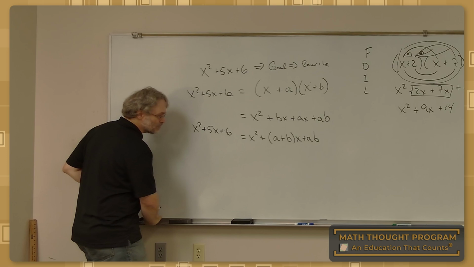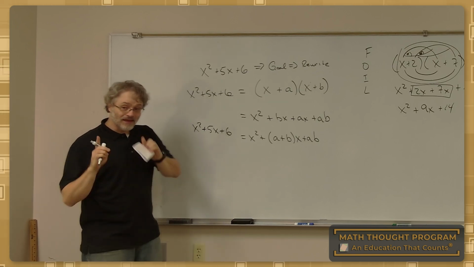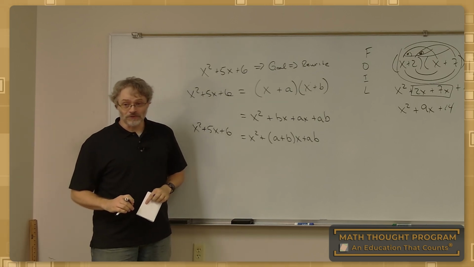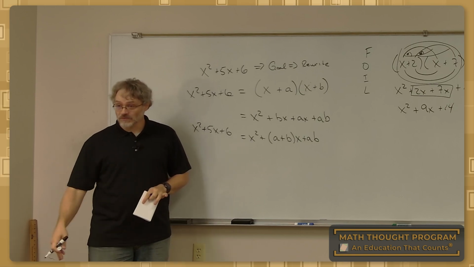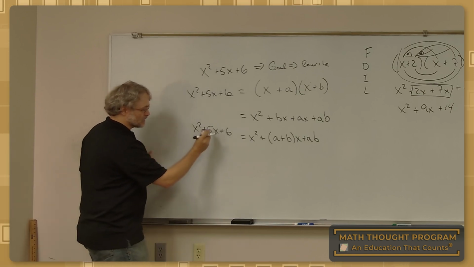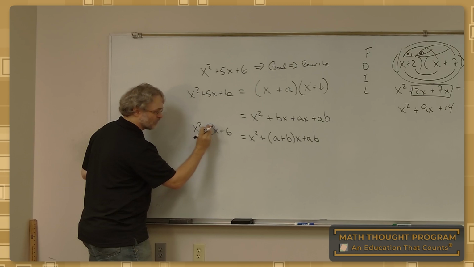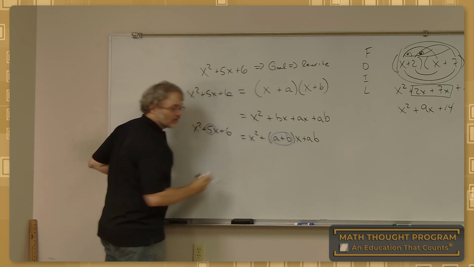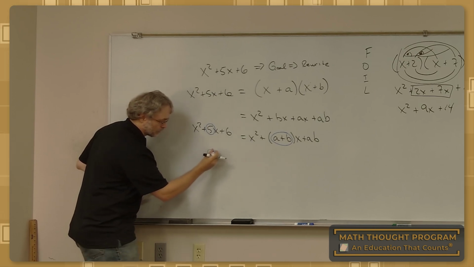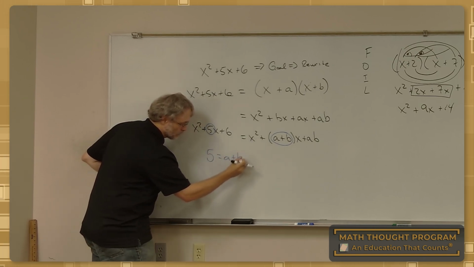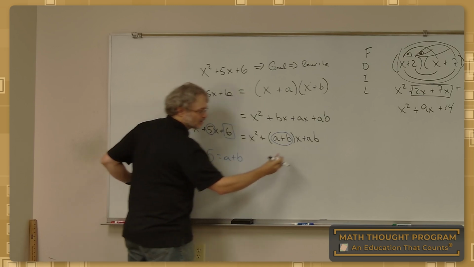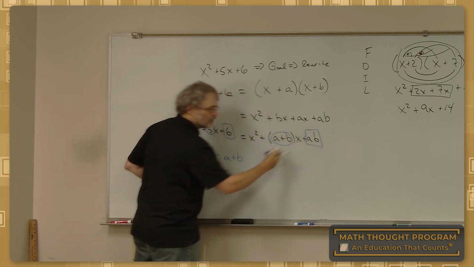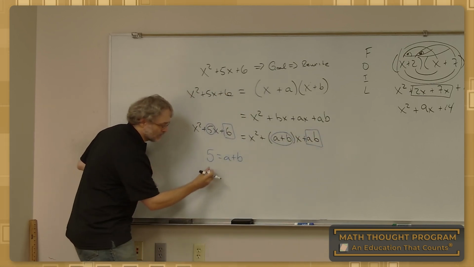So what that means here is this. If I'm going to factor this polynomial, the way that I factor the polynomial is, well, the 5 needs to be that term, and the 6 needs to be that term.